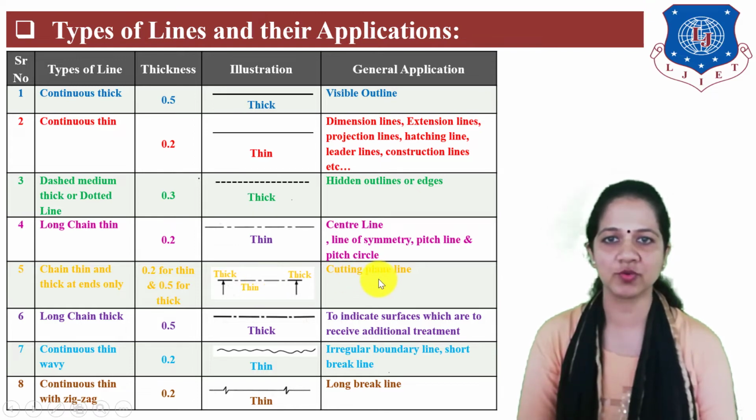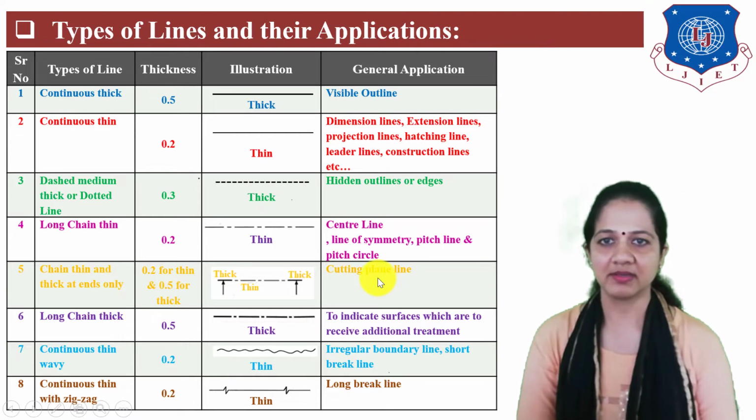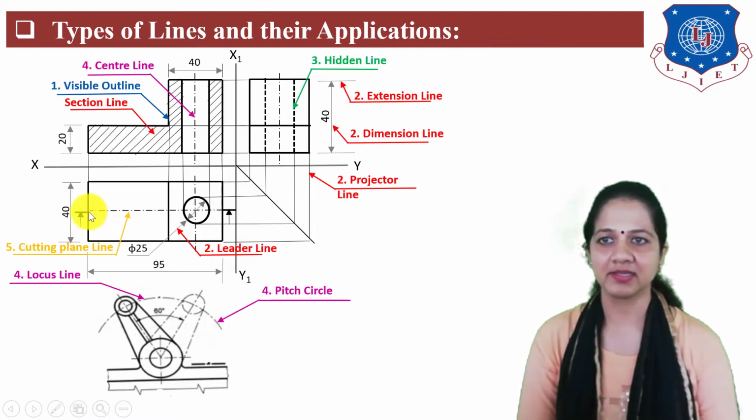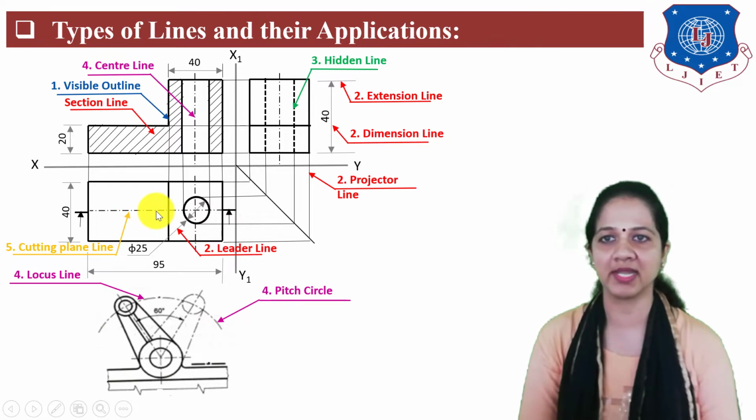It is used to show cutting plane line. Look on this figure. This is cutting plane line. If you want to cut any object, then we will use cutting plane line. It is represented by chain thin and thick at end only line.